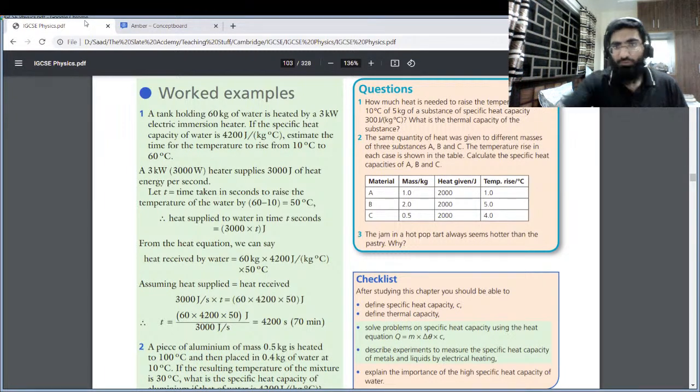Yes, it would be 2000 over 2 into 5. And then for C it would be over 0.5 into 4, which would be 2. So B would be 200 and C would be 1000. Perfect. The last one?